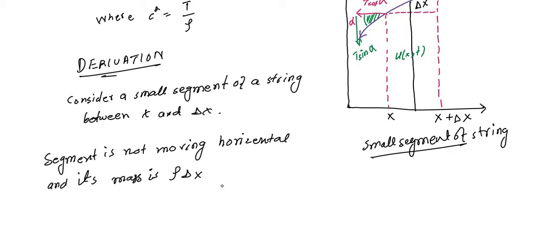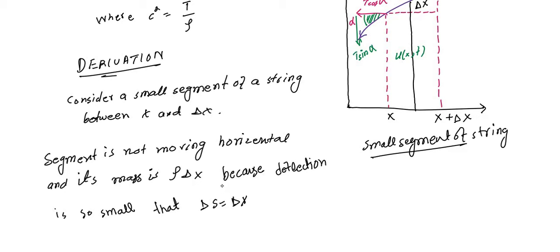Here is another thing which we are going to add to our assumptions: the deflection is so small that delta S becomes equal to delta x. Now what is delta S?